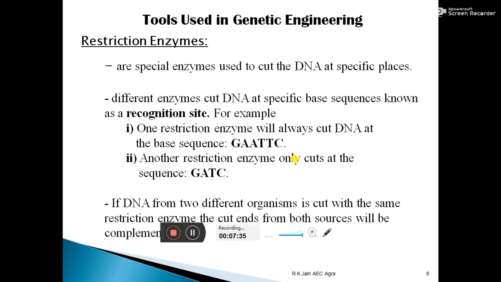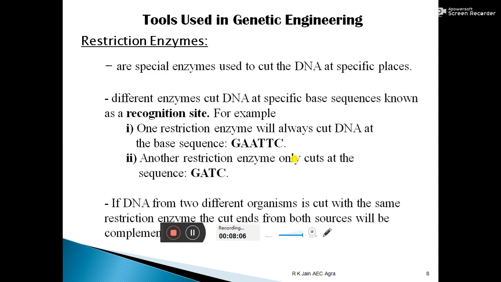Another important tool in genetic engineering is restriction enzymes, or restriction endonucleases. Restriction endonucleases are enzymes used to cut the DNA at a specific site. They are so specific that they cut the DNA at a very particular site, known as the recognition site.